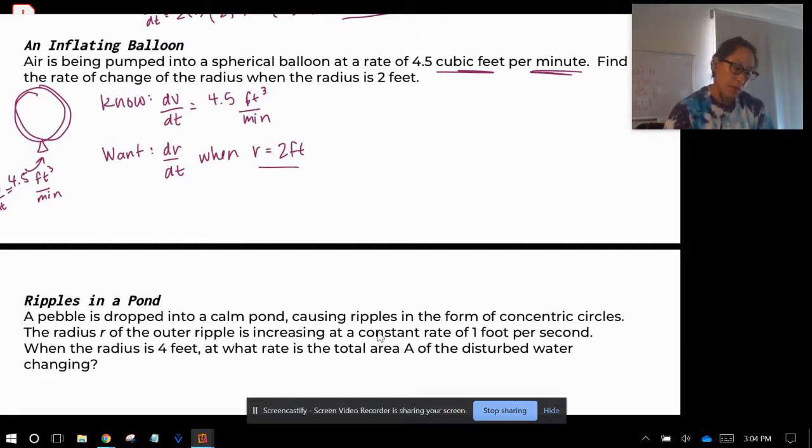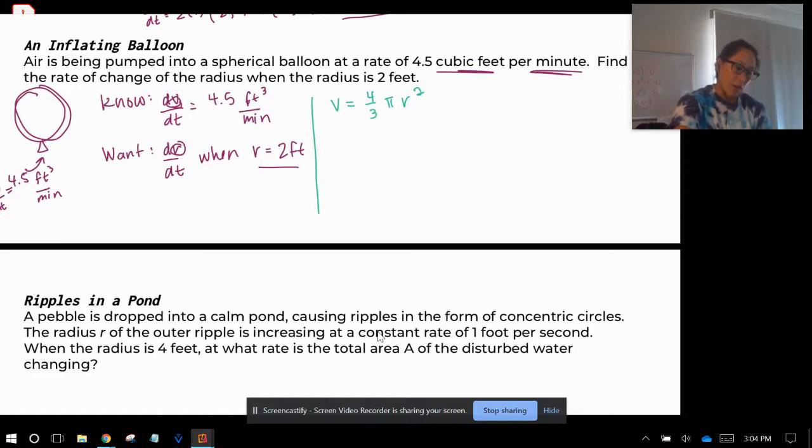So now I'm going to look, do I have an equation that relates volume and radius? Guess what? I do. I know one. The volume of a sphere is equal to 4/3 pi times r squared. So I want to use the variables that I have information about. I have information about dV and dr, so I'm going to make sure I use those variables in my equation.